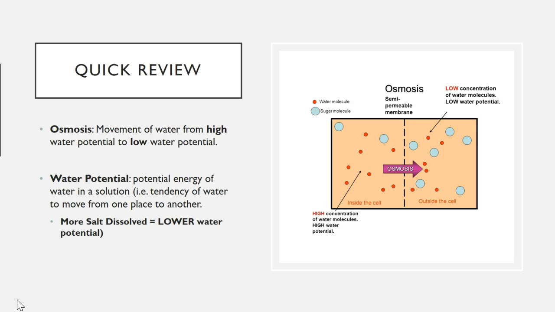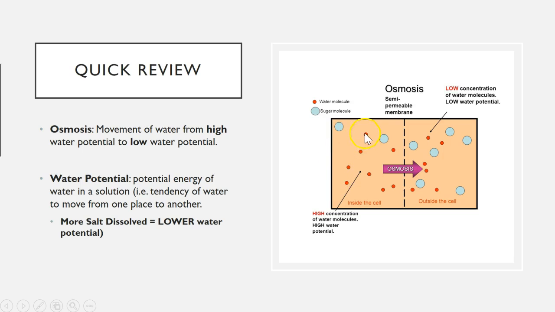This is similar in concept to a concentration gradient, but you guys need to understand this new vocabulary term called water potential. Water potential is just the potential energy of water in a solution. If you look at this diagram, where I'm highlighting is the area of high water potential.